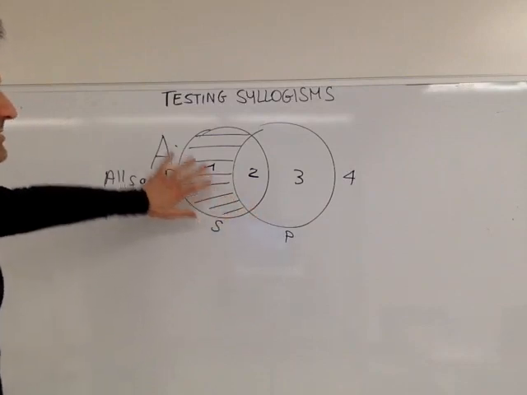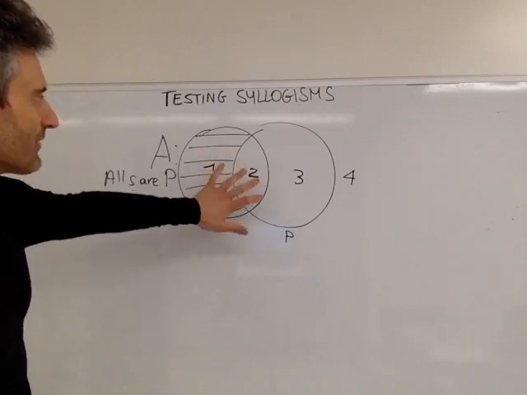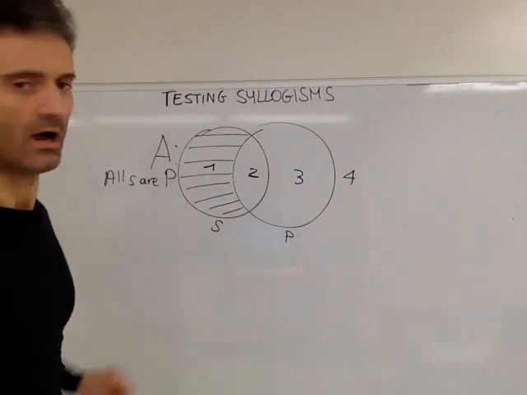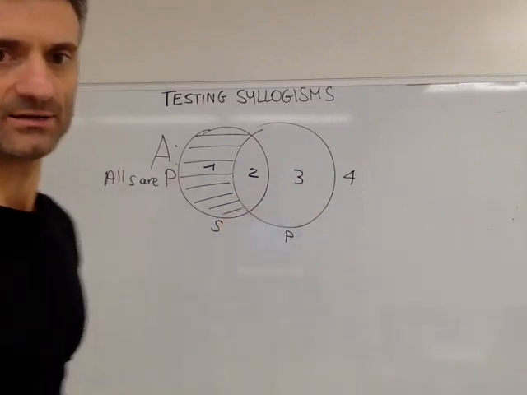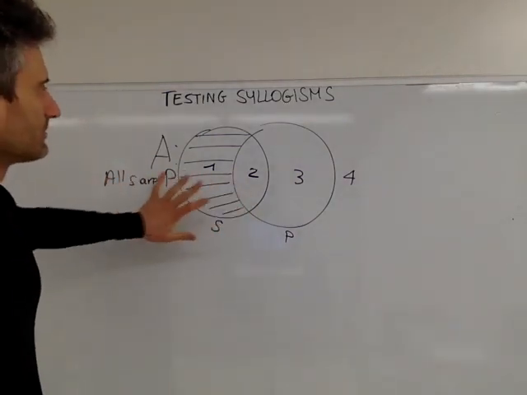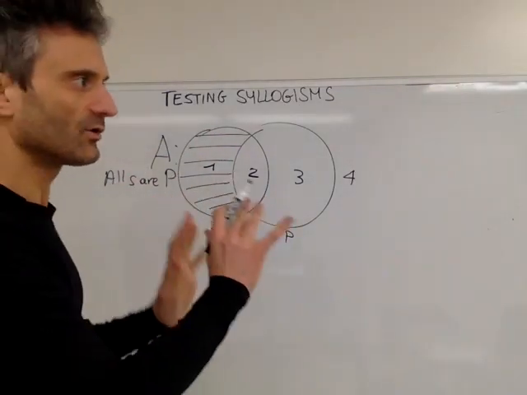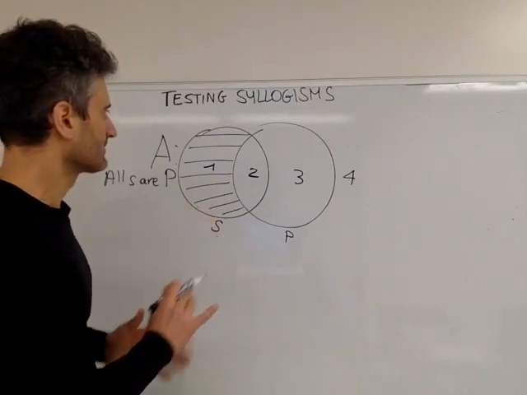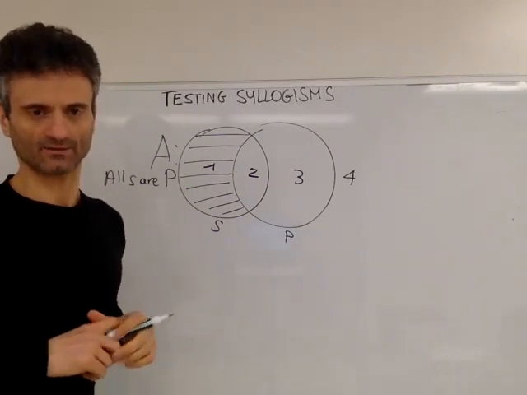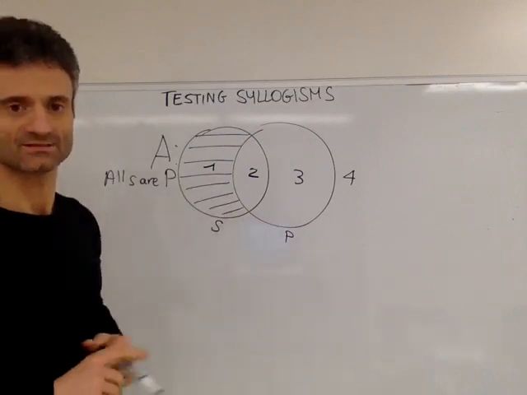Area 1 is the portion of S, the subject, that does not overlap with the circle representing the predicate. So by shading area 1, I eliminate all those members of S that do not share any characteristics with P, the other class, the other category.